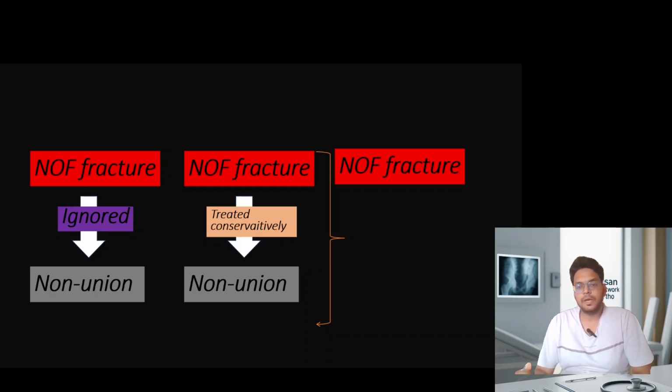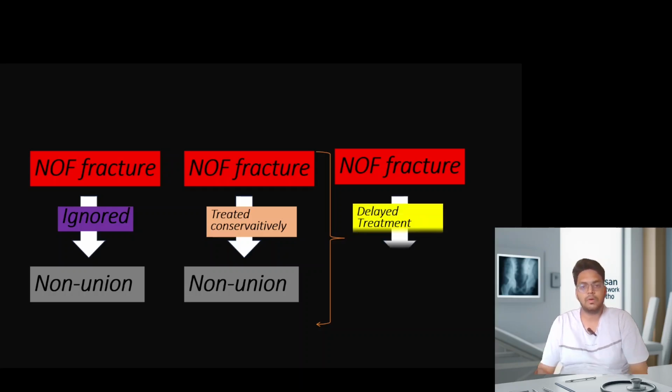And if the patient has come late for the treatment, has ignored it for a few days or one or two months, and because of persistent pain he has come to you, what do you think would have happened to the neck of femur region?